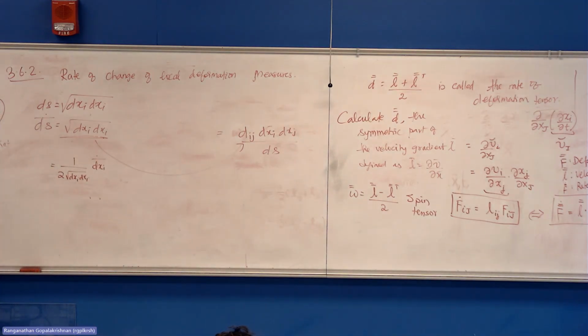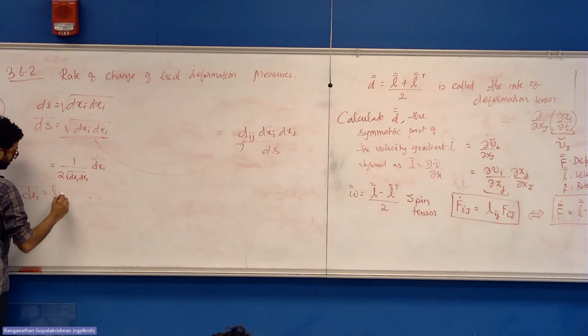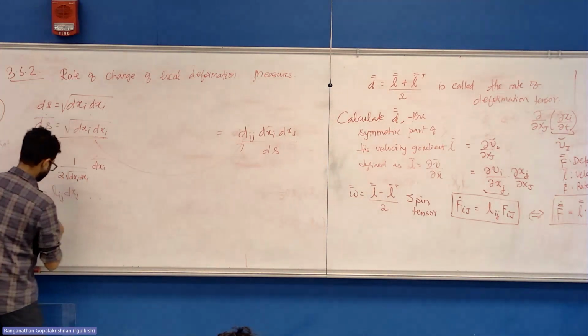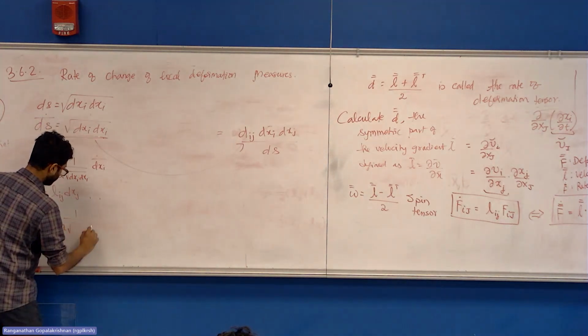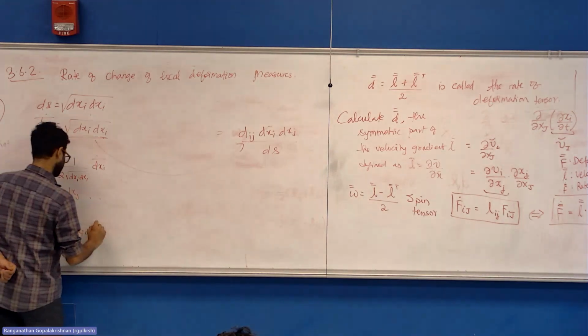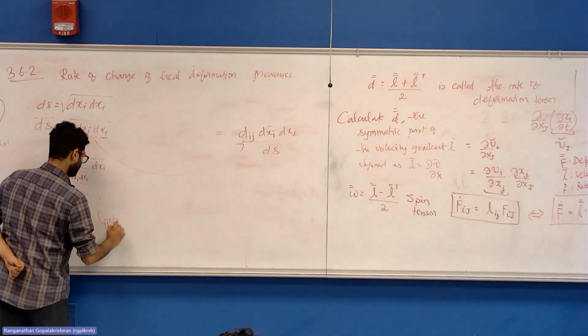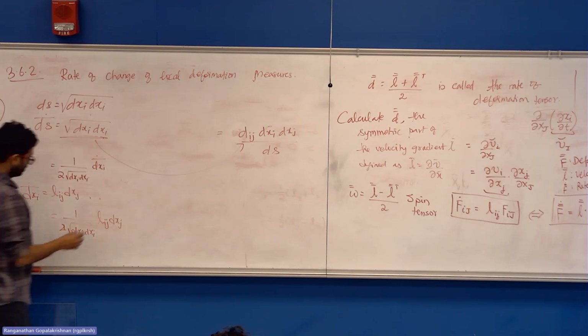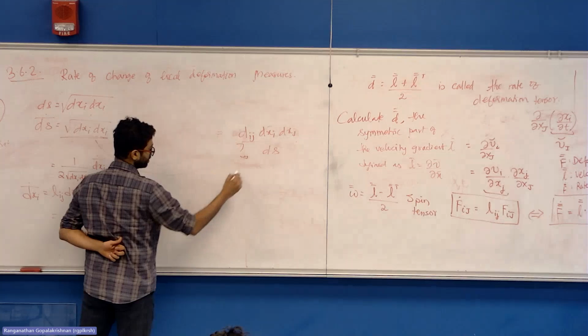And dxi dot is known: dxi dot is equal to Lij times dxj. Let's say you substitute that. So this gives you 1 over square root of 2 times square root of dxi, and then you have Lij dxj. No contradiction so far to me. I hope the same with you. From here, how do you end up with this? That is the question.